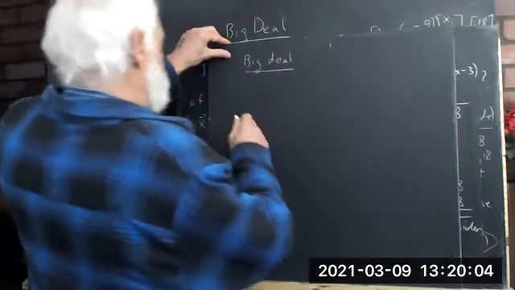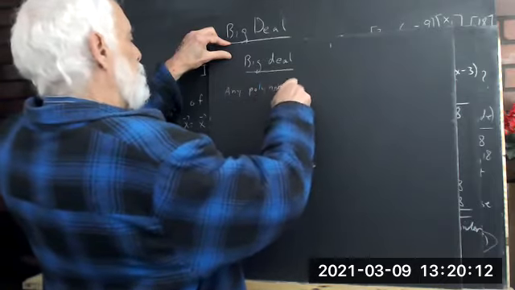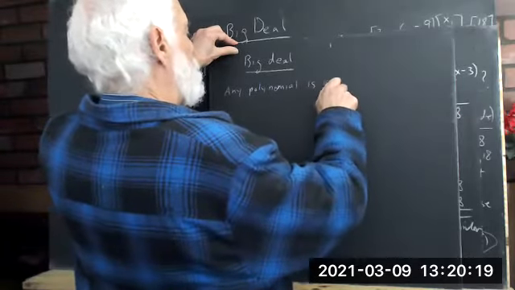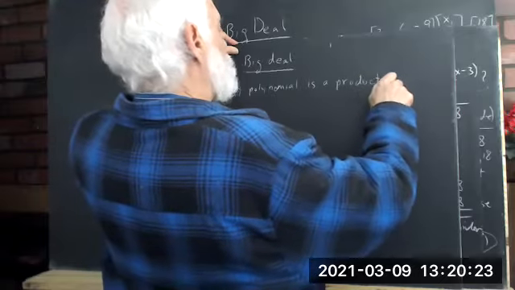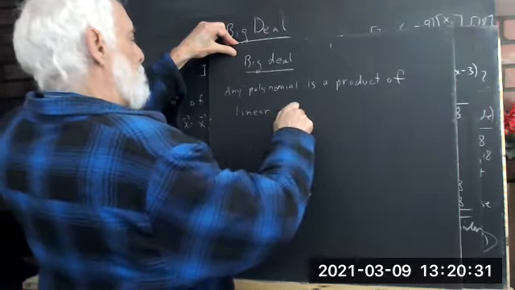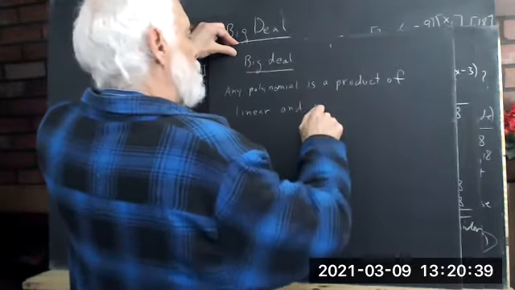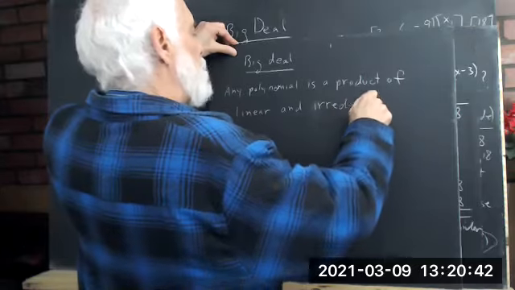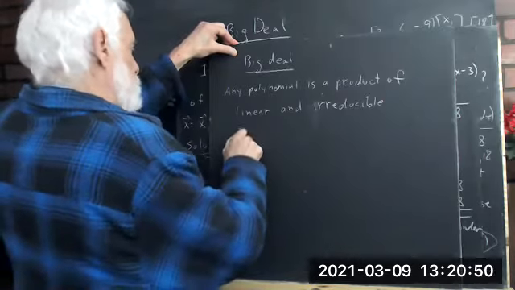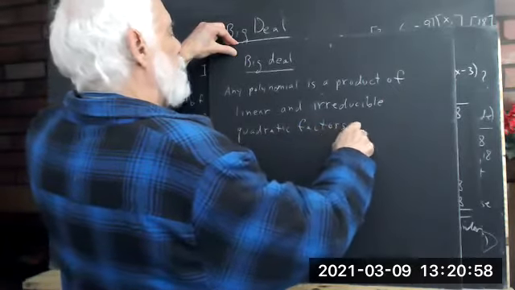Now here's the big deal. Okay, big deal. Any polynomial is a product of linear and irreducible quadratic factors.